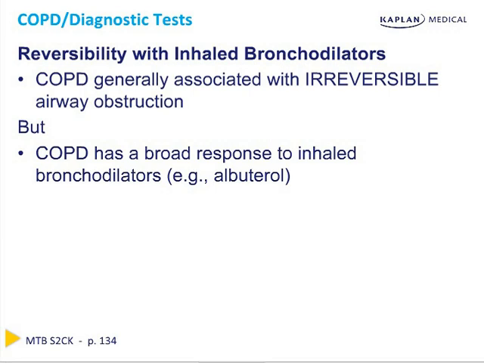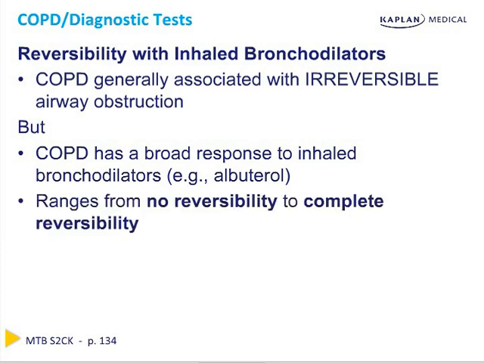Some patients with COPD will have a broad response to inhaled bronchodilators, for example albuterol. This can range from no reversibility whatsoever, which is the classic teaching for COPD, to complete reversibility. And those patients with COPD actually do have some very large degree of reversible airway obstruction.